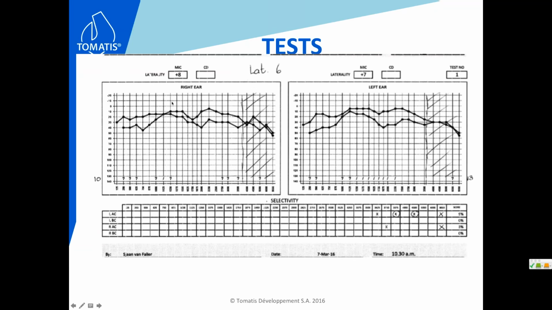Okay. Because if we look at the right side here, we have this gap also that you have to take into account in the air conduction. You see? Between 1500 and 2000, is that what you mean? Yes, in air conduction. What does that mean?